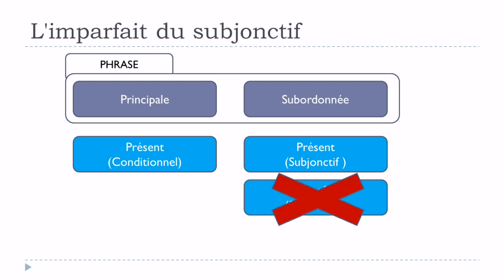But let's say that in most of the cases this form won't be used, okay, even if it would be possible and it would be correct, but in most of the cases people will skip that and they will stay with présent du conditionnel and then présent du subjonctif.